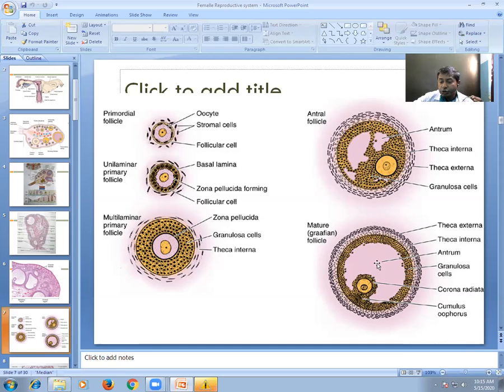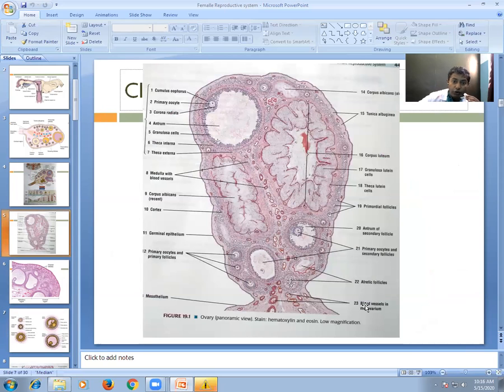The cells towards the cavity are known as the corona radiata, and the cells attached to the wall of the graafian follicle are known as the cumulus oophorus. So all these cells are seen in the cortex, and this is the medulla which consists of blood vessels supplying the ovary. So that is about the ovary.